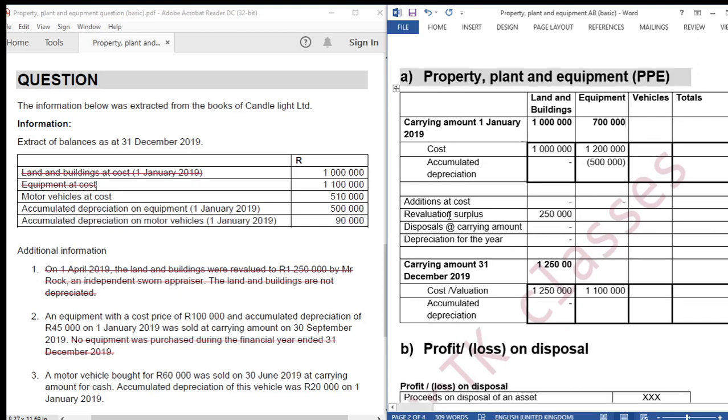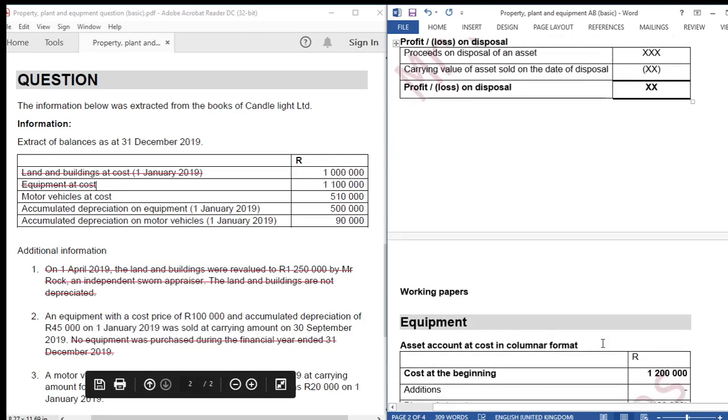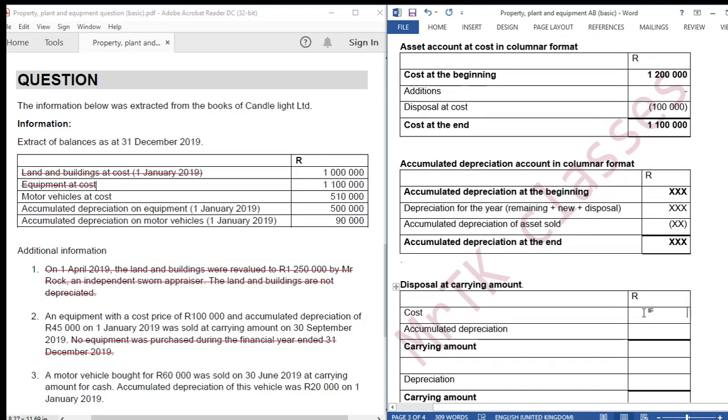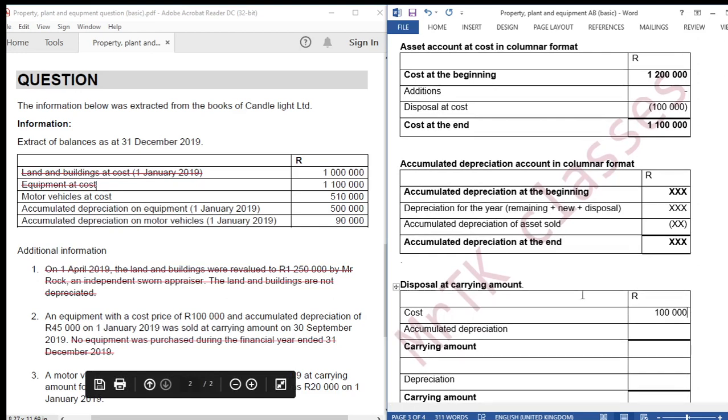We need to calculate the carrying amount of the disposed equipment because we have sold an equipment. So we are going to come here. We are going to say the cost of disposed equipment 100,000. Accumulated depreciation 45,000.